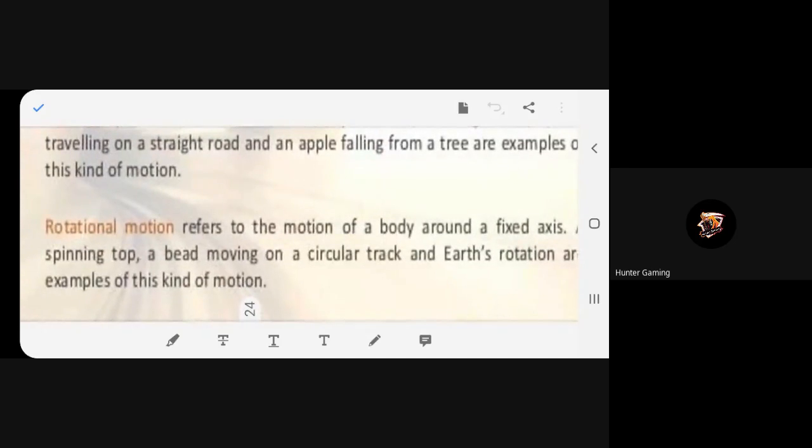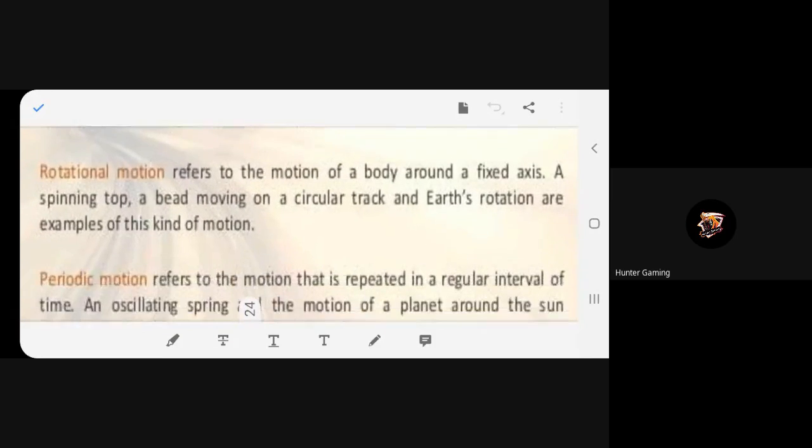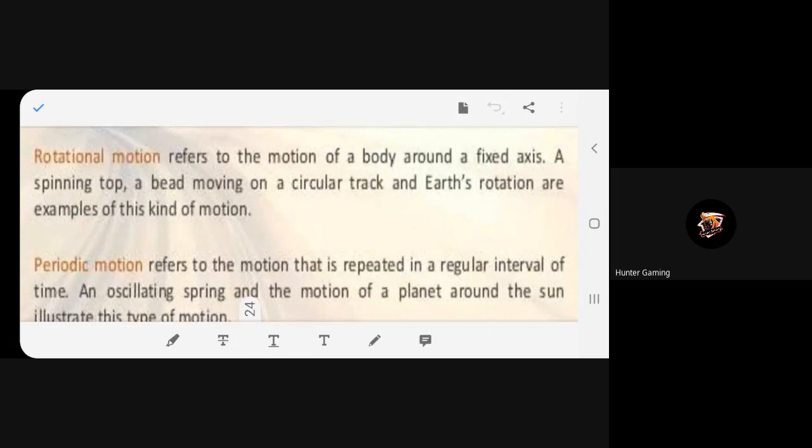Now we come to rotational motion. Rotational motion refers to the motion of a body around a fixed axis. A spinning top, a bead moving on a circular track, and the Earth rotating are examples of this kind of motion.